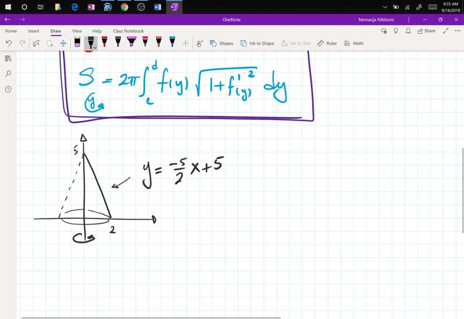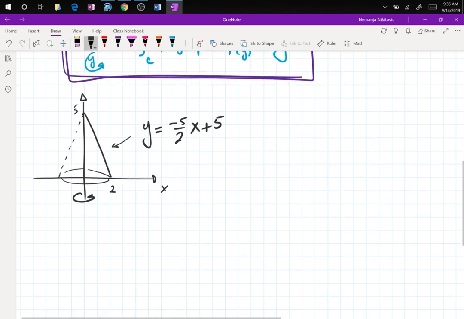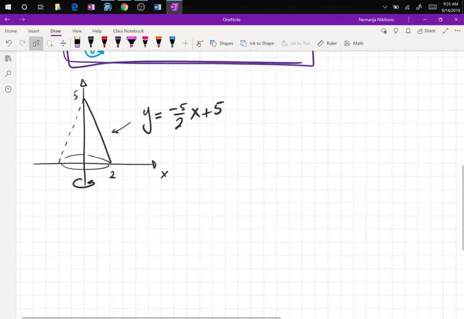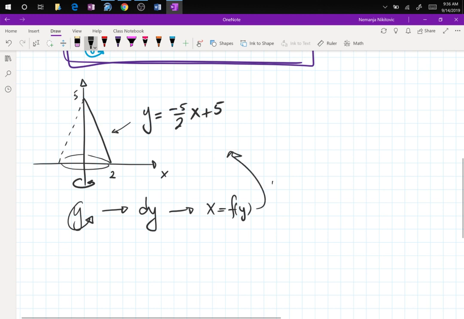Now, since we are rotating on y, we have to use dy, which means we need x as a function of y, which means we need to flip this.